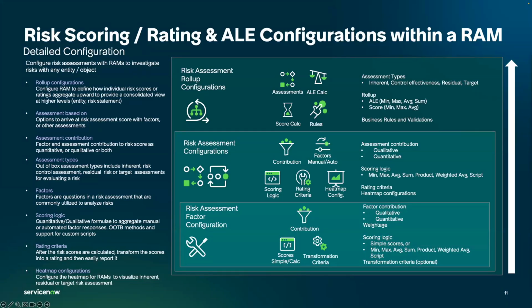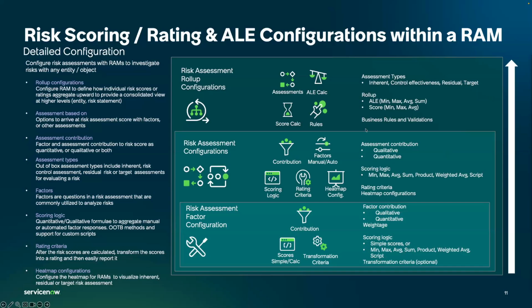You assign weights to prioritize what matters most. You define scoring logic: simple direct mapping or calculated using formulas like minimum, maximum, average, sum, product, weighted average, or custom script. And optionally, you set transformation criteria to standardize values. Get your factors right, everything else depends on them.